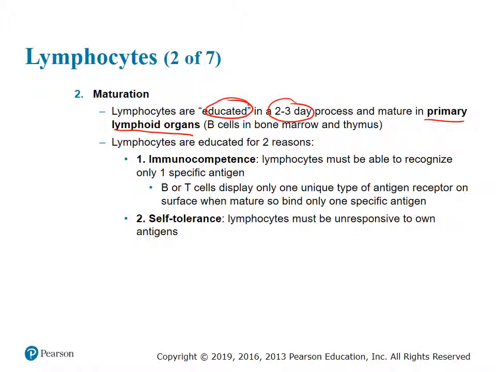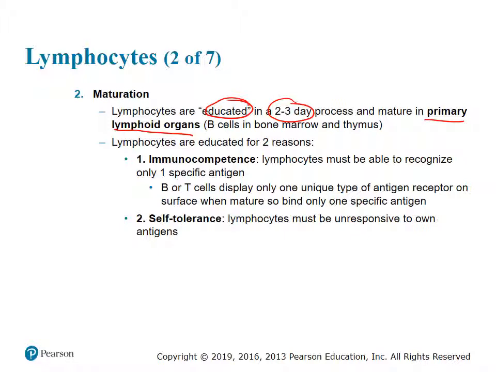So why do they mature? Why aren't they just ready to go right out the gate, made at the red bone marrow and ready to be used? One of the big reasons is that they must have education. They must have some kind of exposure to things to be educated.